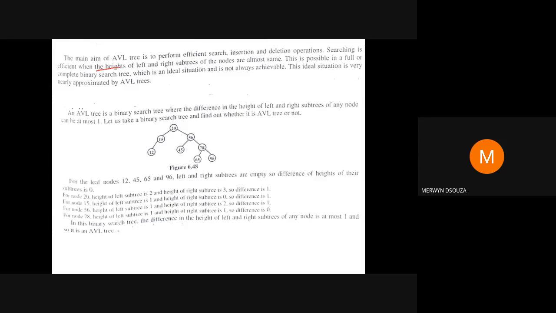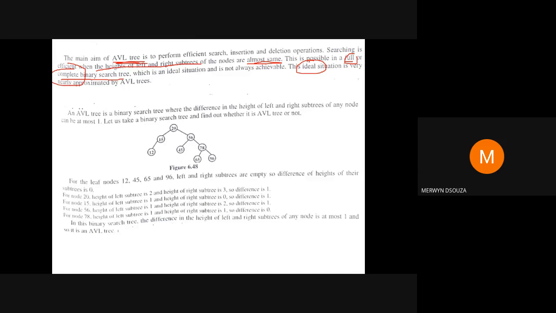What we try to do is maintain the height of the left and right subtrees so that they are almost the same. If we have already studied these definitions, full binary tree or complete binary tree, if you remember, those trees are almost similar to this AVL tree, but full binary trees and complete binary trees are ideal trees.